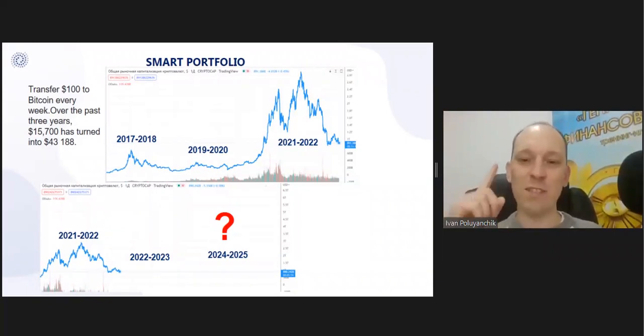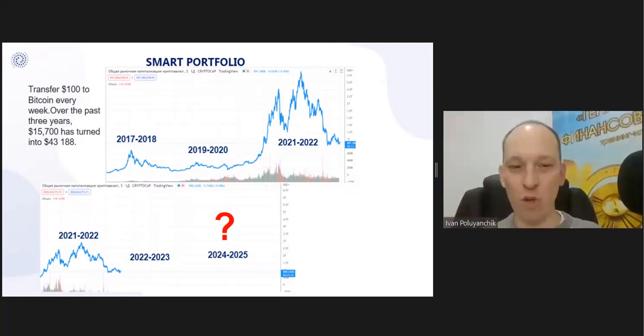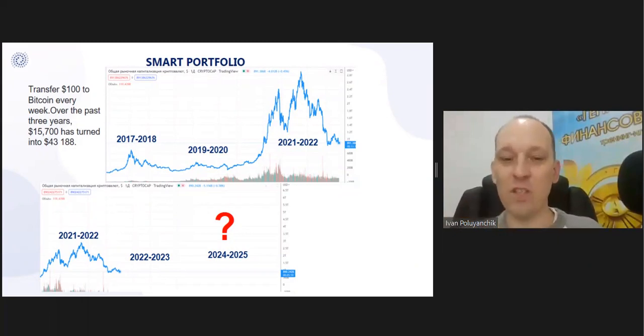Then the year of 2018 started and Bitcoin decreased by 83% in 2018, whereas in 2019, its minimum price was $3,500 only, whereas today its price is $20,000.